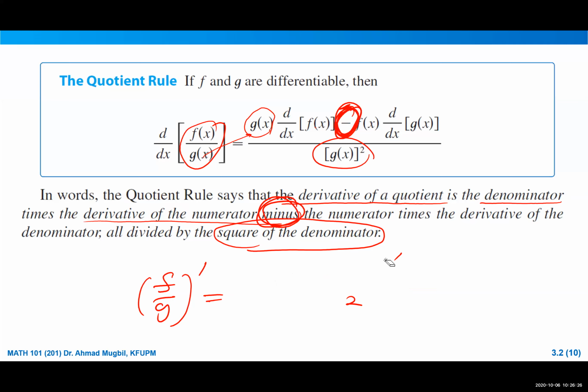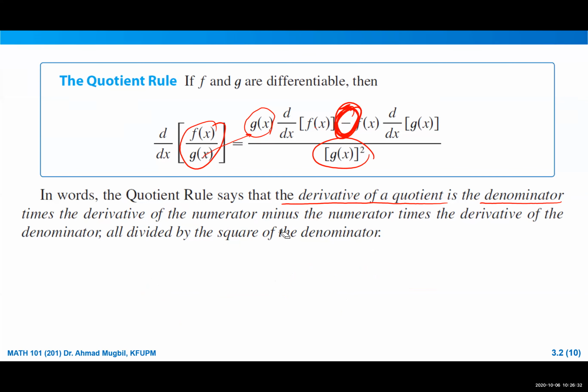The proof is similar to what we did, guys, in the case of a product. If you are interested, it is also available in your book, but it is not clear. My proof here is easier. I advise you to prove it using the derivative definition, f of x plus t over g of x plus t minus f of x over g of x, and add a term that is going to help you. And if you are interested, I can prove it for you later.